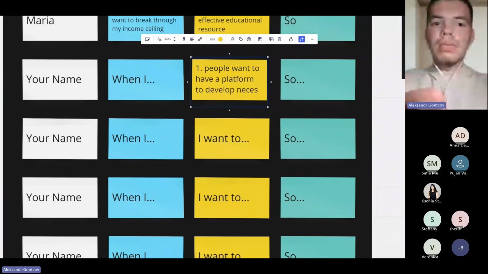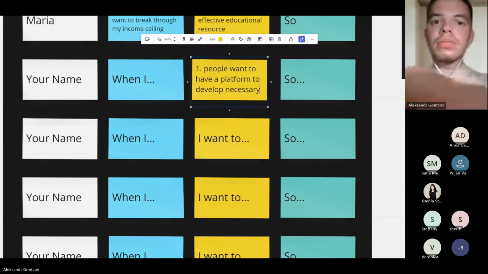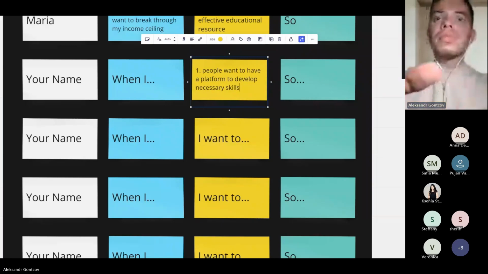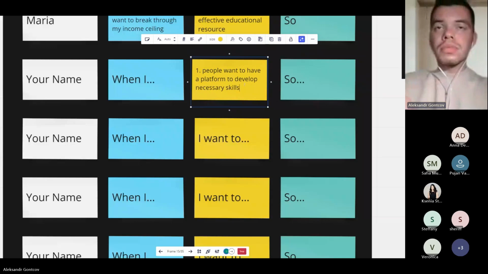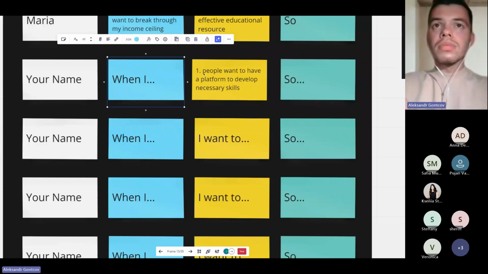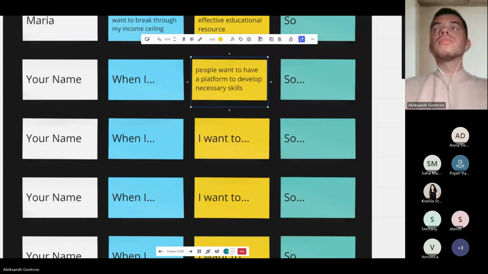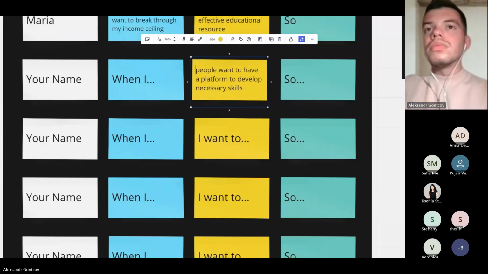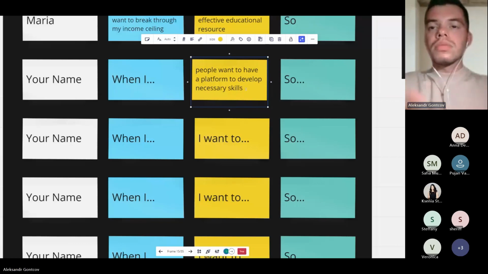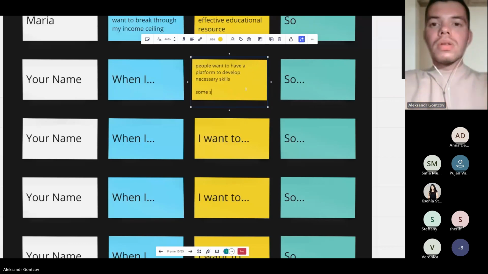It's not necessary that they need a platform, but when they're dealing with the problem of growing their income, they understand that they need to upgrade their skills, and they're looking for resources or platforms or some sort of education. Maybe they want education to develop necessary skills.